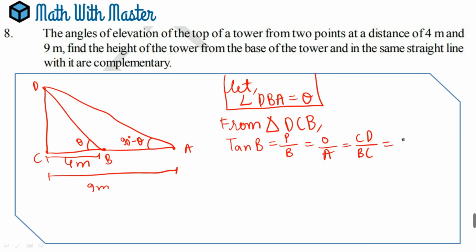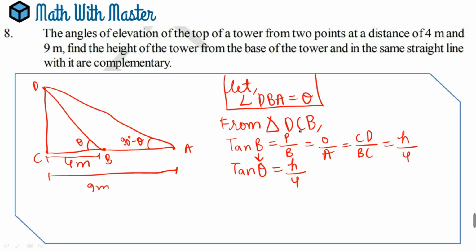Now what is CD? It is H. And what is BC? It is 4. So instead of tan B, I will write theta. So tan theta is equal to H by 4.